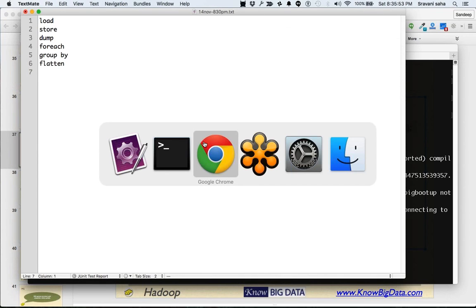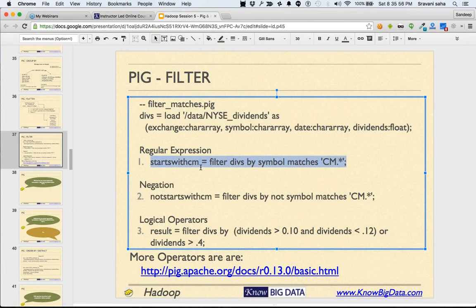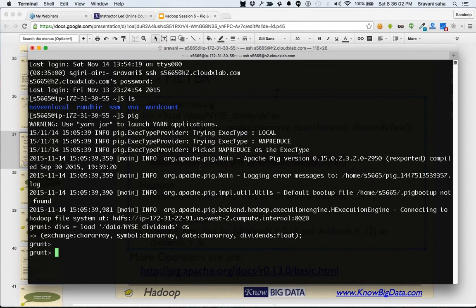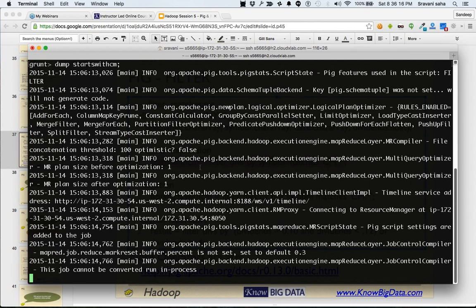Once we have loaded the data, the next step is to filter. All right. So when you say starts with CM, and before that, let's say dump, that means it will print it on the screen.